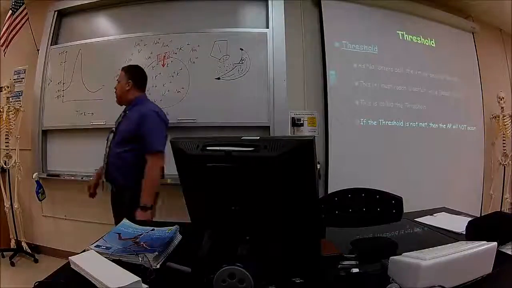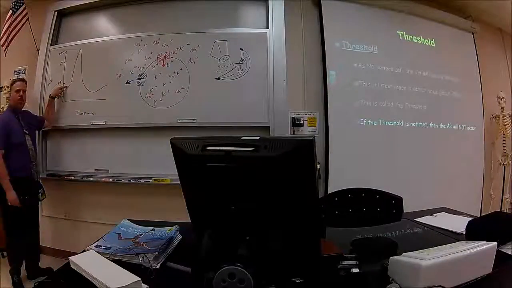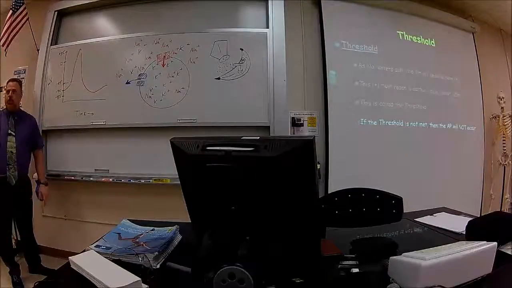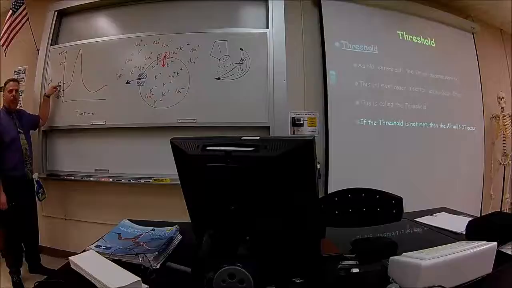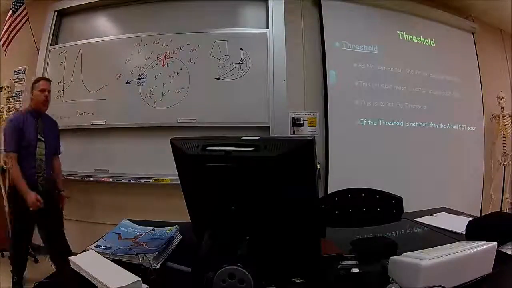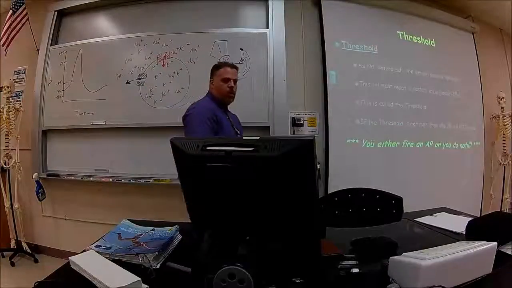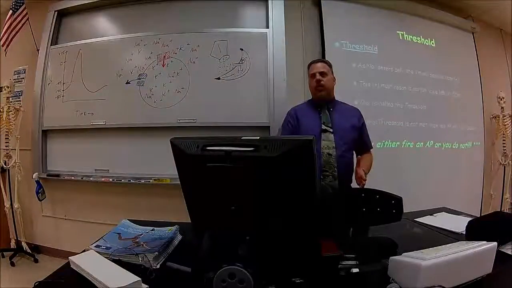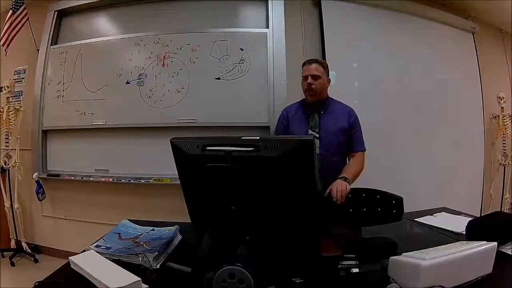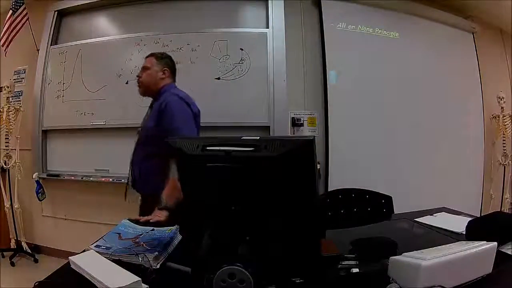If it doesn't, then we say it's sub-threshold. And once you have an action potential, you have the action potential. In other words, once we reach negative 55, you will have the action potential. You're not going to get a partial action potential. You either fire an action potential or you don't. Okay? We call this the all or none principle.